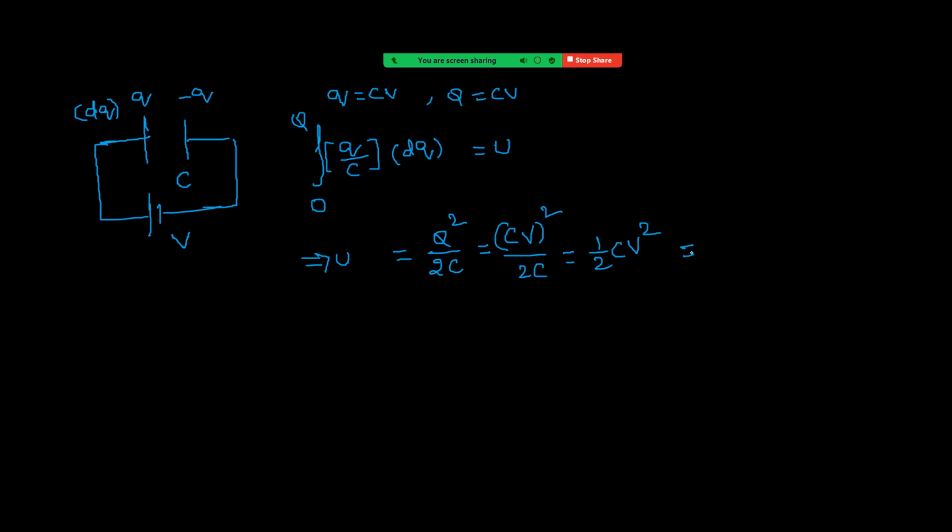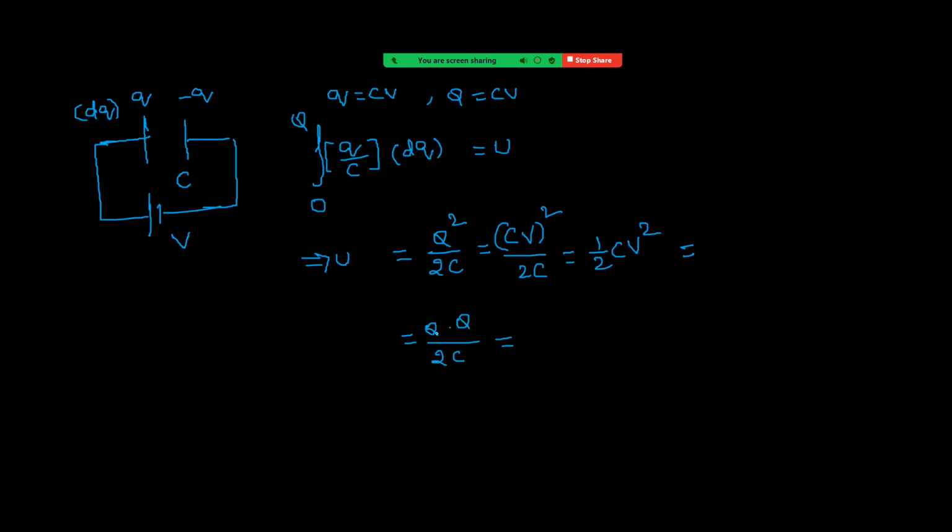Or we can write this in terms of Q and V. See how to take this one. What can we write here? Q into Q by 2C.